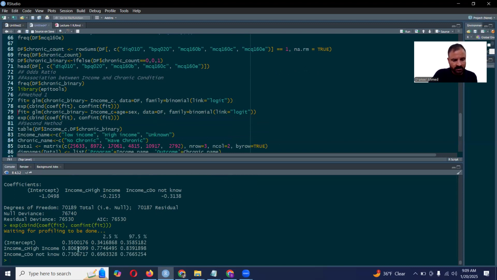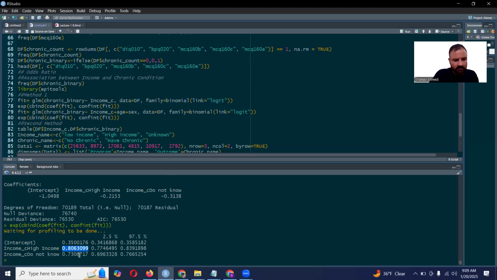So these are the exponentiated coefficient for intercept, and this is for high income, and this is for don't know category. So we are interested with this. It means the odds ratio is less than 1.